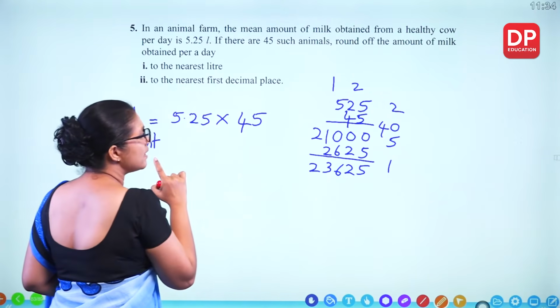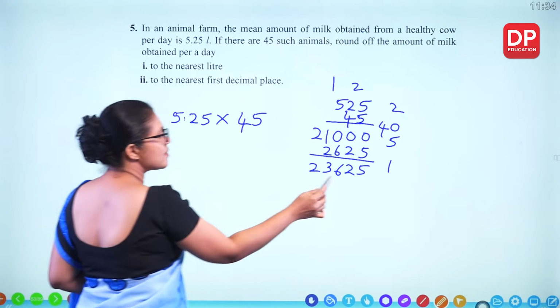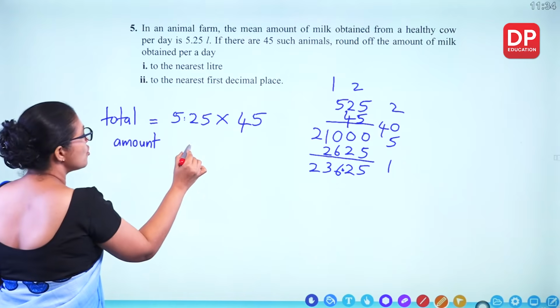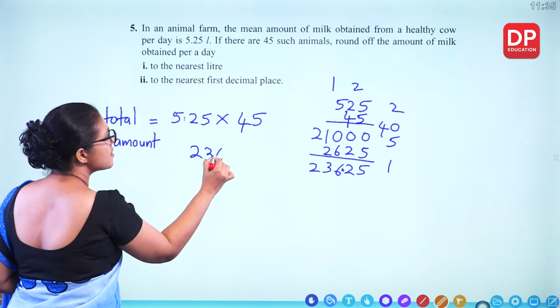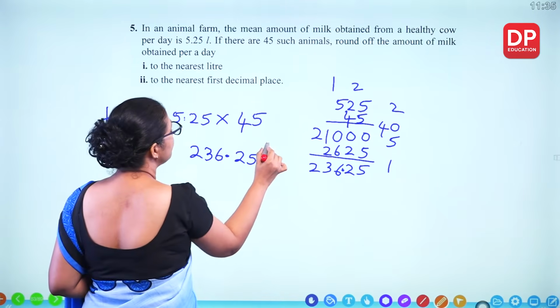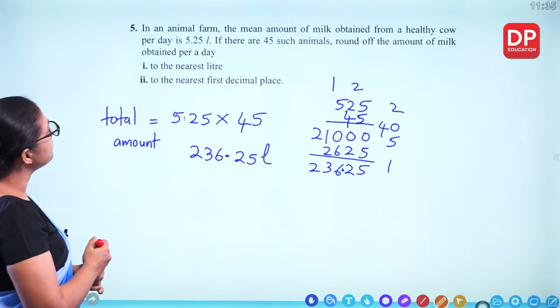So this is the total, and you need to keep 2 places for the decimal place. So here, what's the answer? 236.25 liters. This is liters per day.